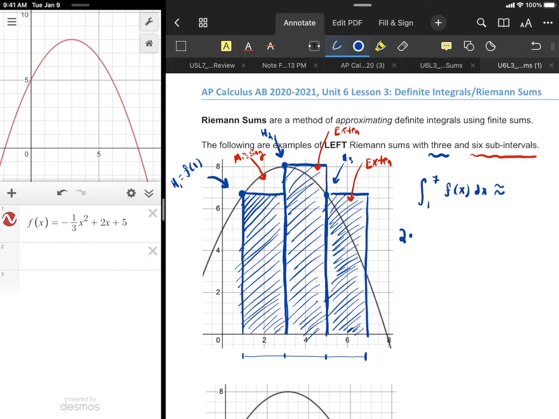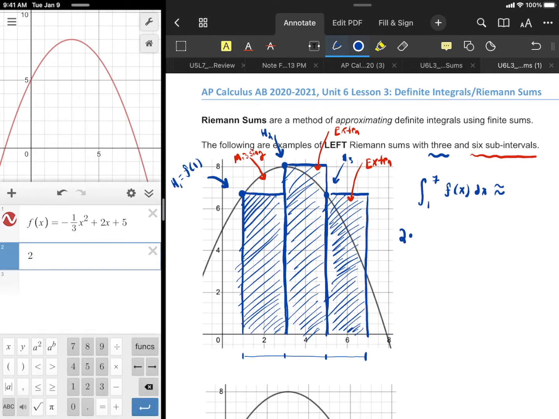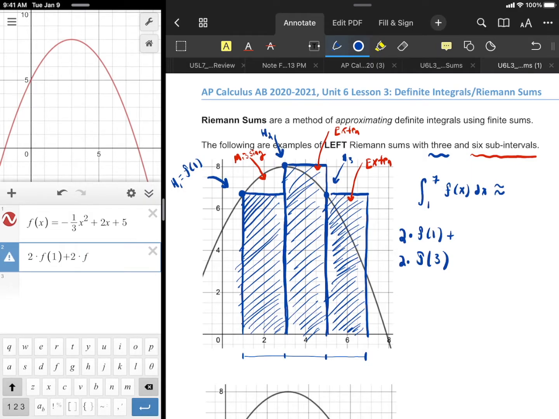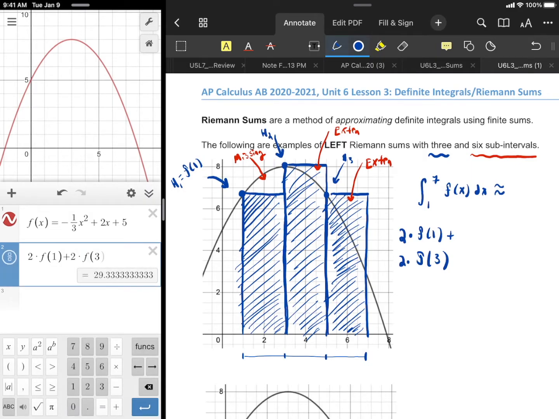So if I do 2 times f of 1, because that's where my first corner is, 2 times f of 1 is going to be 13 1/3. I'm going to add that to 2 times f of 3, because that's where H2 is. Now we're up to a total area of 29 1/3.